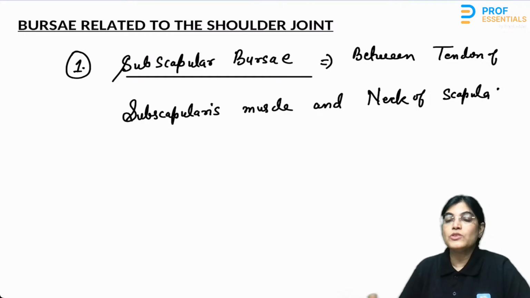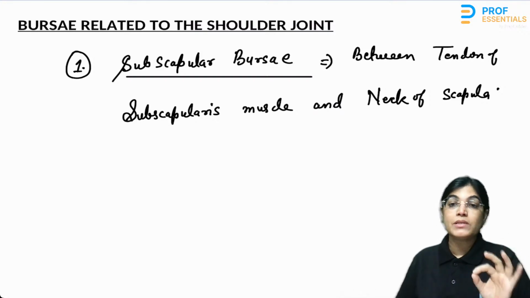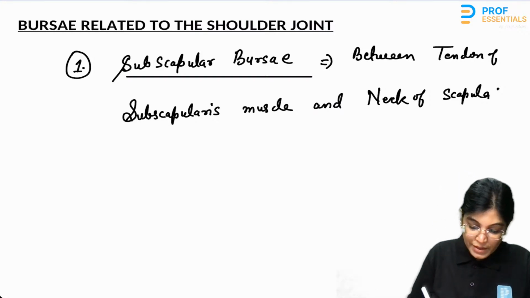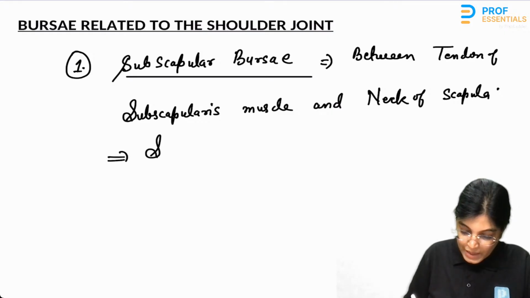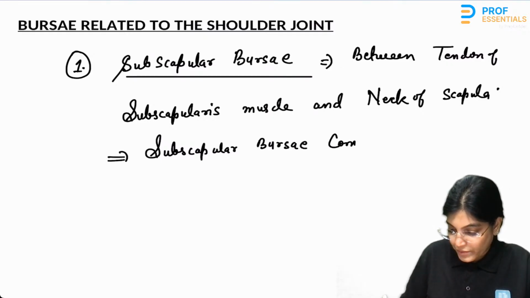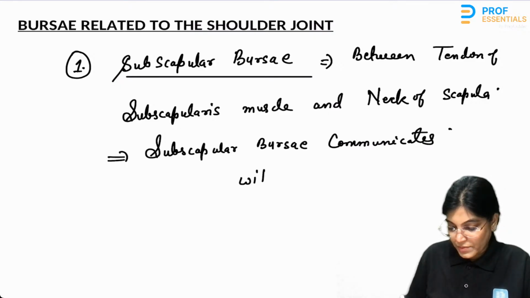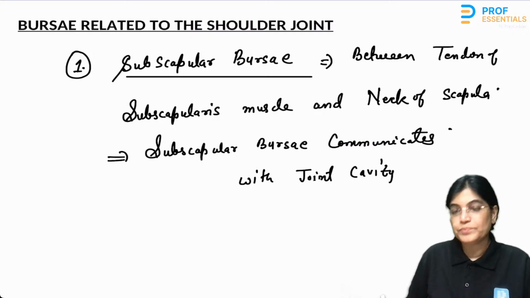If you remember the joint capsule and synovial cavity which I have discussed, the subscapular bursa communicates with the joint cavity. So an important point is that the subscapular bursa communicates with the joint cavity. That is a very important point because this can be asked as an MCQ.